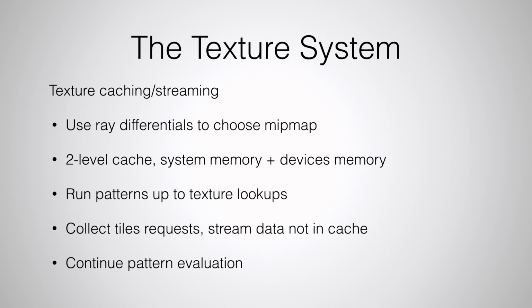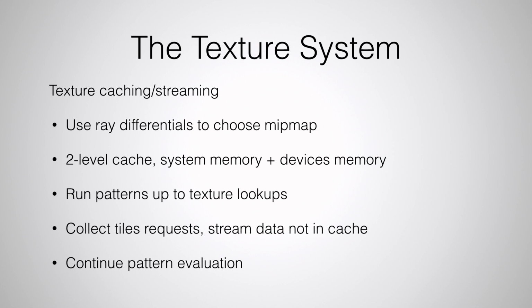So the texture system is based on texture caching and streaming. The tricks are not that new. We use ray differentials to choose the appropriate mip-map level, so to choose which resolution and which tile within a texture we need to load.